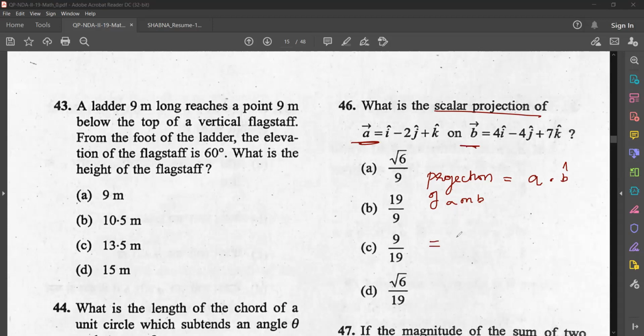So A vector is i cap minus 2j cap plus k cap. What is the formula for finding B cap? B cap unit vector is B vector by the magnitude of B vector.